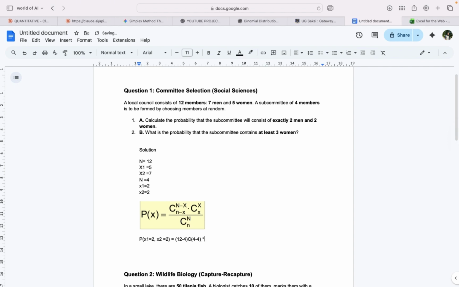So we multiply this by the success, right? Which we say 2 men and 2 women. What's the probability for men? The number of men is 7. So here we have 7 combination 2, right? And this one multiplies by the number of women, which is 5. So 5 combination 2, the probability that 2 are women, right?